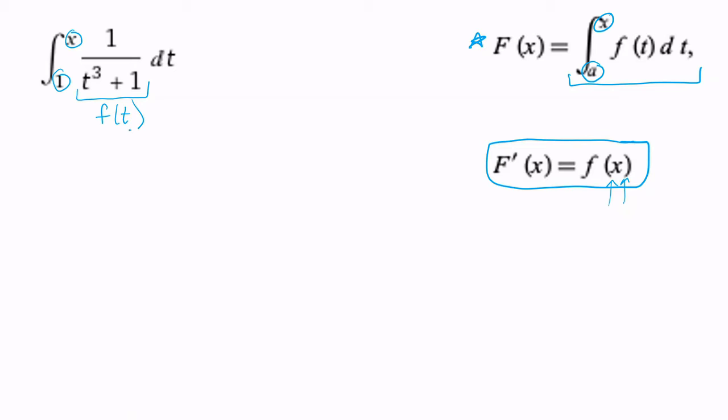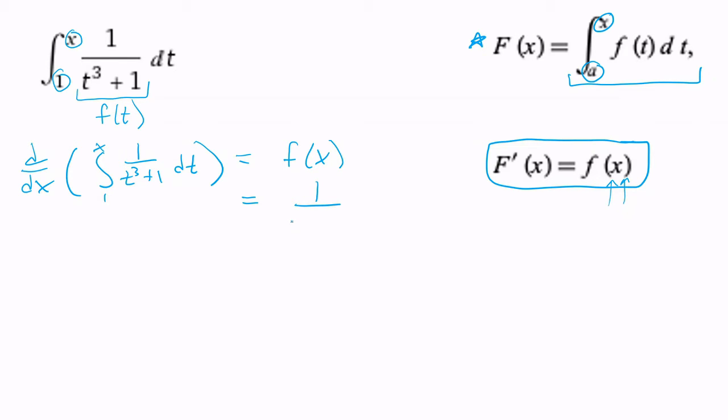Okay, so everything looks good. So then I look down a little bit and I see that the derivative of this integral defined function is supposed to be equal to the inside function, which in this case is 1 over x cubed plus 1.